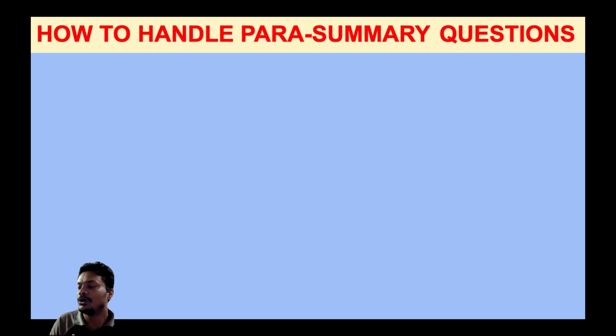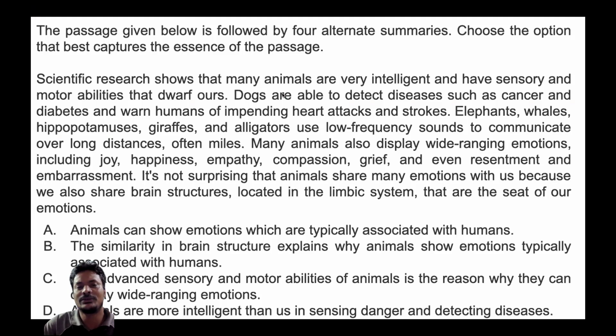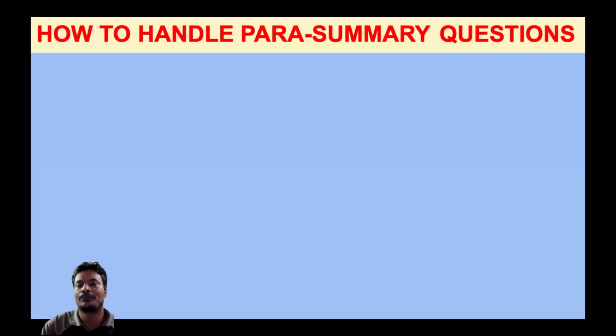When we go for a parasummary based question in the CAT, we have options, right? You find a small paragraph of 60 to 80 words, or maybe extending to 90 words.